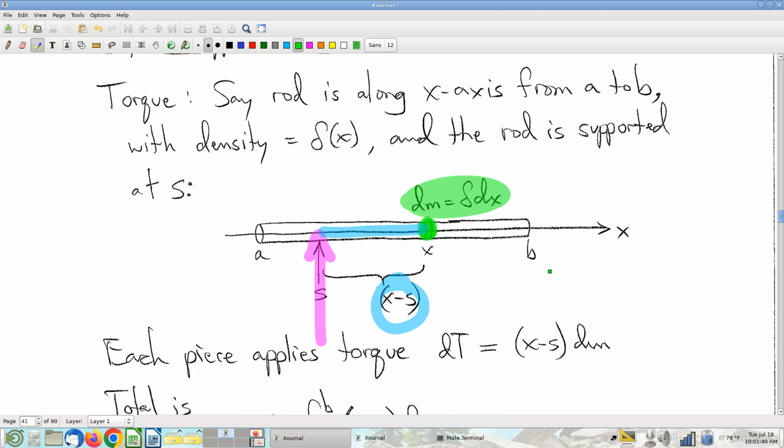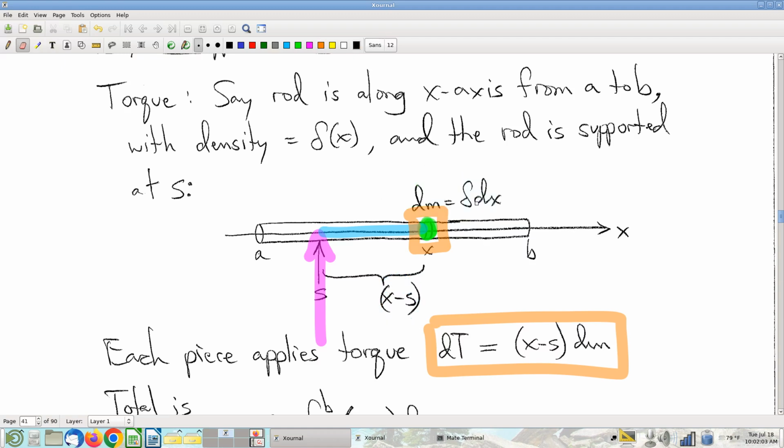And so we can talk about how much torque there is provided by this point. The amount of torque is going to be proportional to the length of the lever arm, and it's going to be proportional to how much weight, namely how much mass, let's not worry about units, is at that point. So there's a formula for how much torque there is at this one little point.